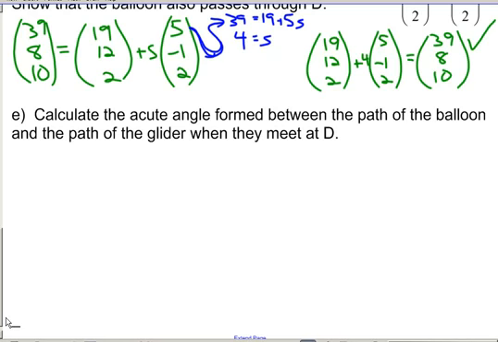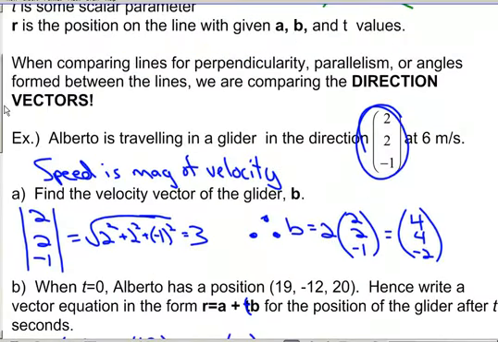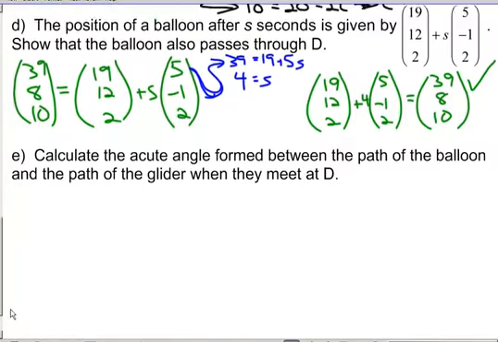So if we want to compare the angles formed when they meet, we need to compare what kind of vectors? The direction vectors. That's what we started off with up here when comparing lines for perpendicularity, parallelism, or angles formed between the lines, comparing direction vectors. Or velocity vectors. Close cousins.